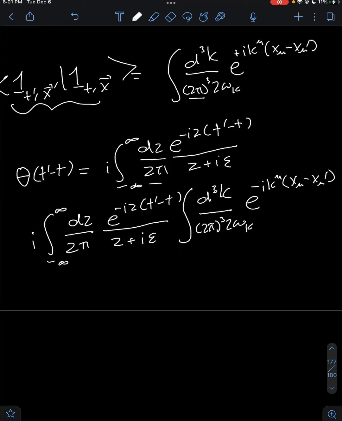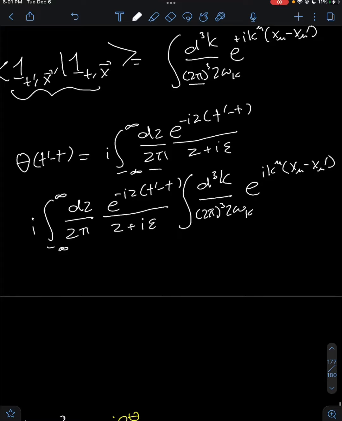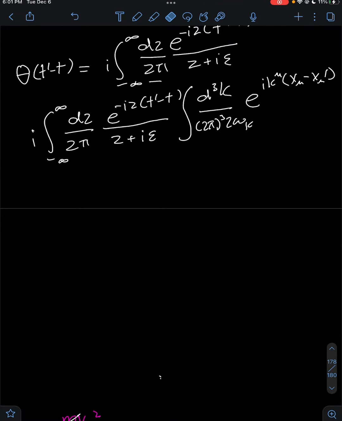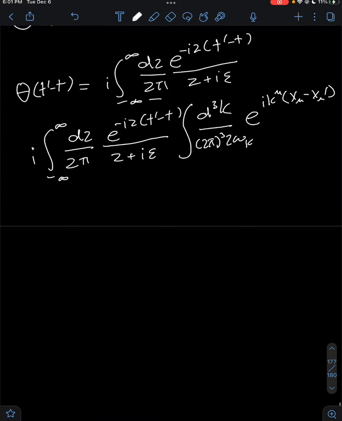So what we can do here are the exact same steps as before. We can erase the physics down below, and we can just combine these integrals together. Combining them together, we're integrating from minus infinity to infinity.